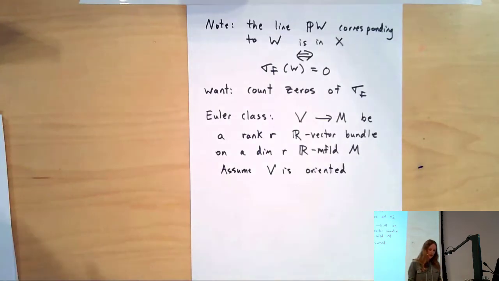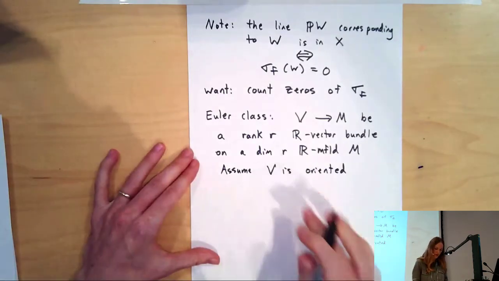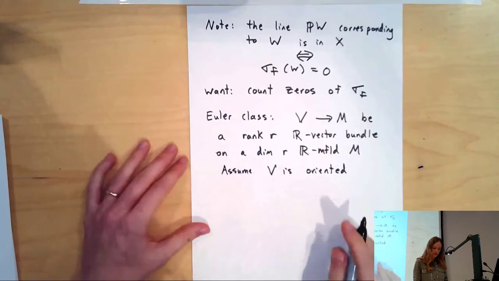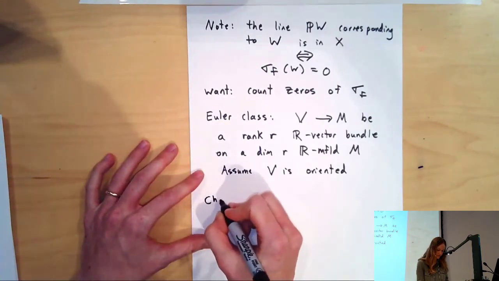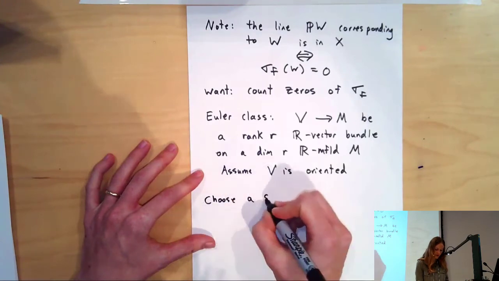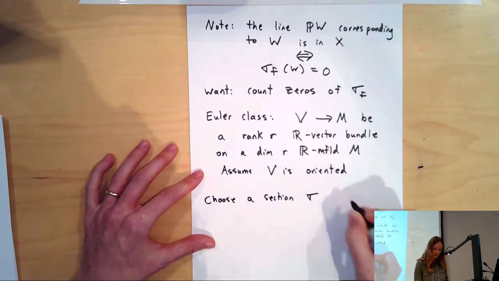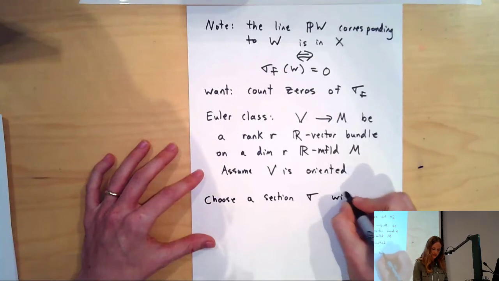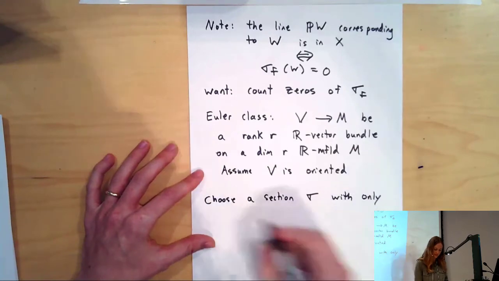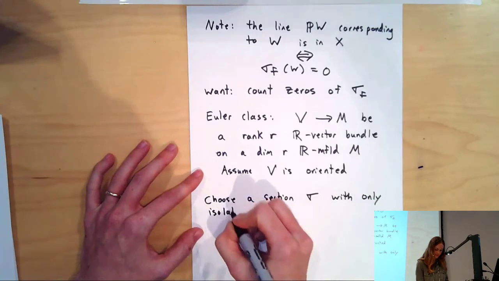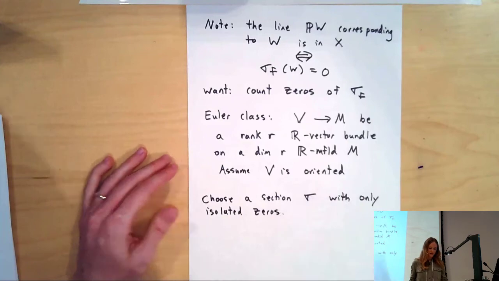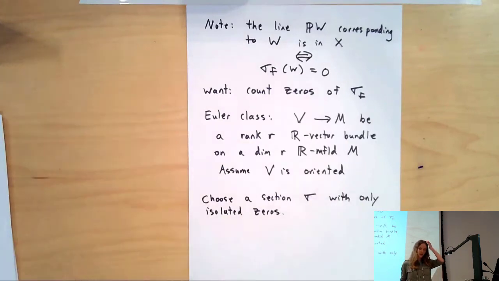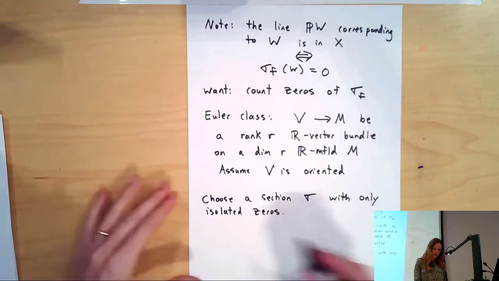So then we can associate to any zero of a section a weight. So choose a section sigma with only isolated zeros. And associated to each zero, let's put a particular weight. And this weight comes from the topological degree function.